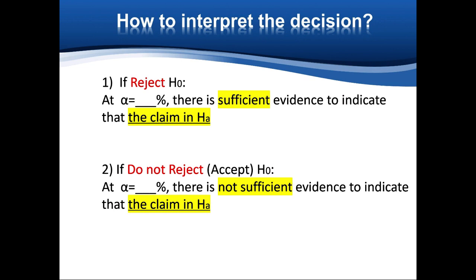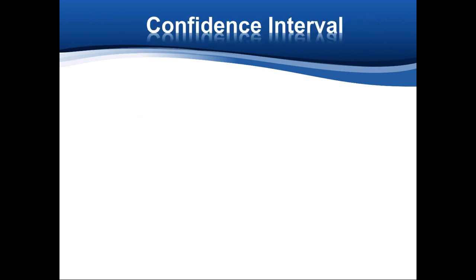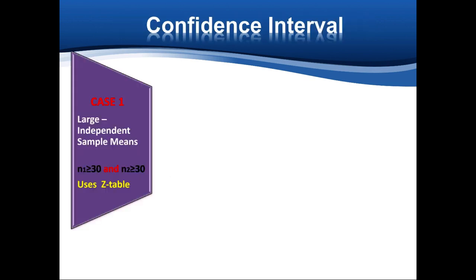In Chapter 7, we have learned the confidence interval formula and how to calculate the sample size. Here, let's extend all the formulas for two sample cases. Case 1. Large independent sample means.